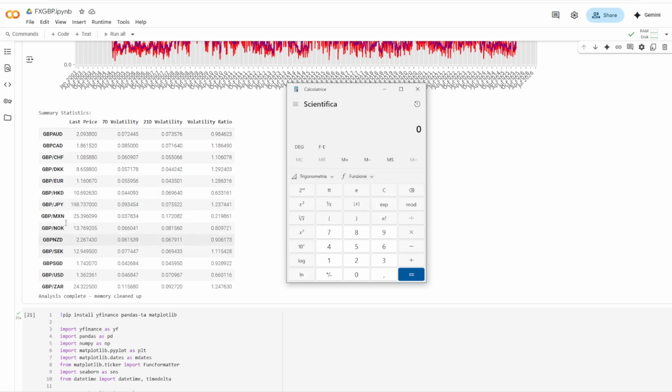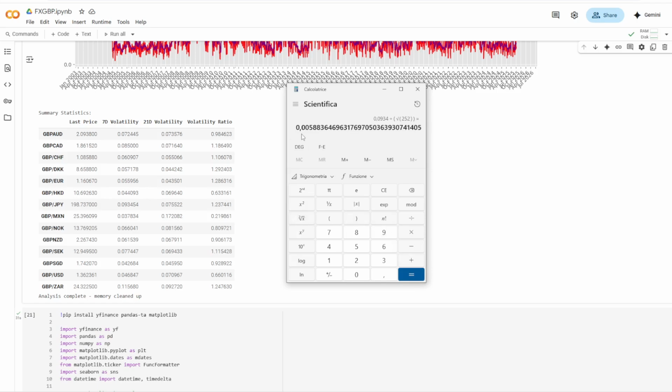Okay, so if we have the 7 days annualized parameter of 0.0934, we want to divide it by 252, my dear.